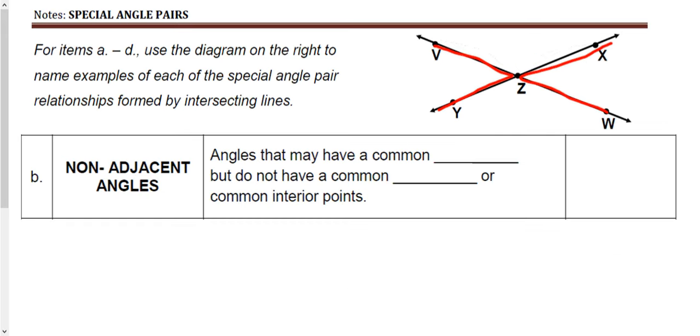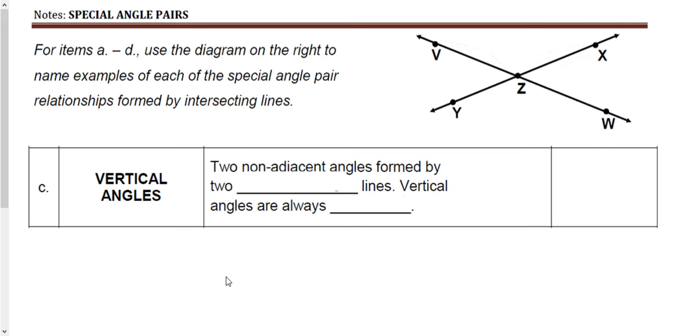Okay, so that's non-adjacent. Vertical angles are like non-adjacent angles, you'll see. They are two non-adjacent angles formed by two intersecting lines. So we've got to have two intersecting lines. In that other picture, we didn't have two intersecting lines; we had one line and a bunch of rays sticking out of it.